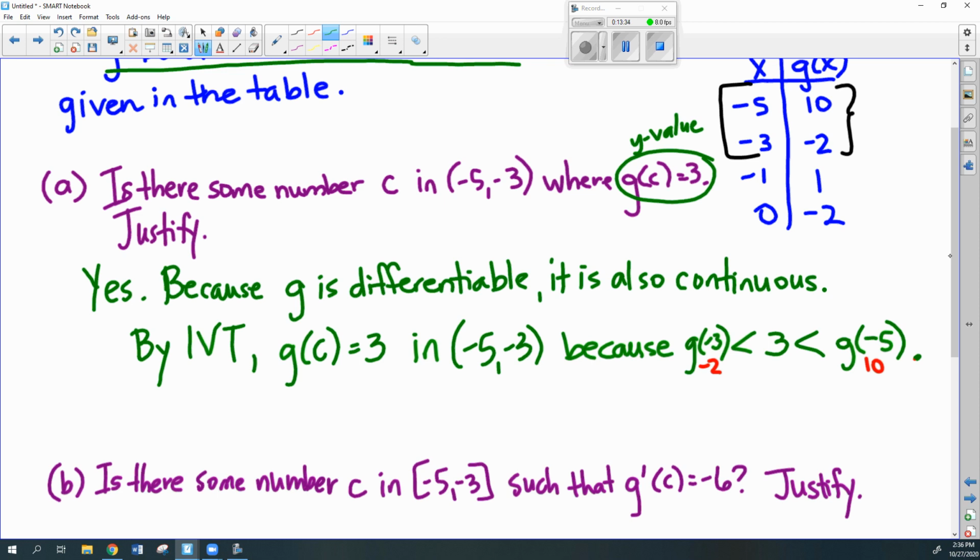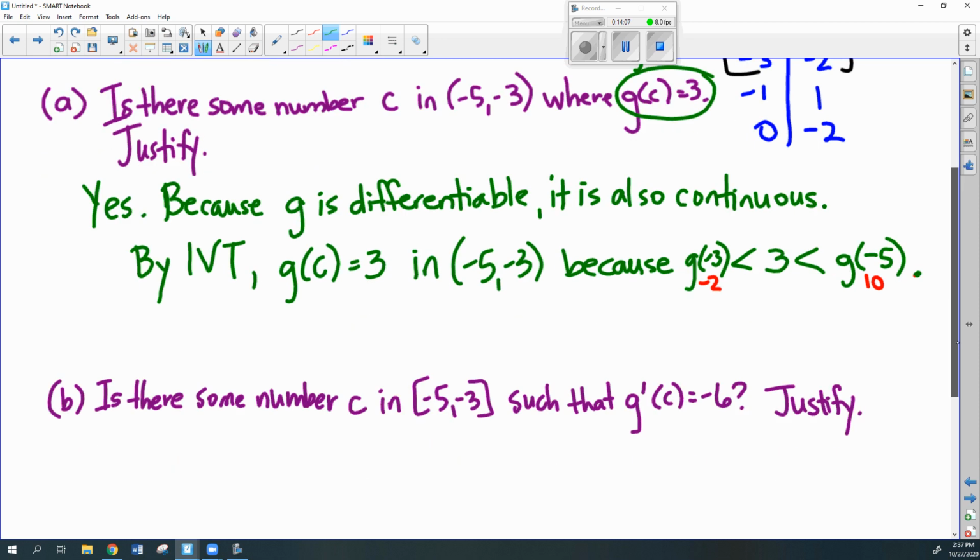Remember, MVT guarantees that there's a place as long as the function is continuous and differentiable. Then we also have to show, using our given information, that the average rate of change is -6, so the instantaneous rate of change must also equal -6.